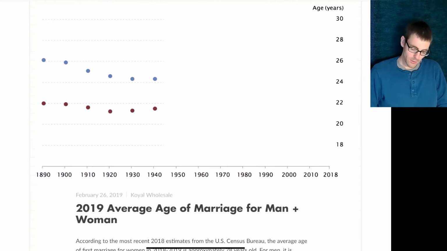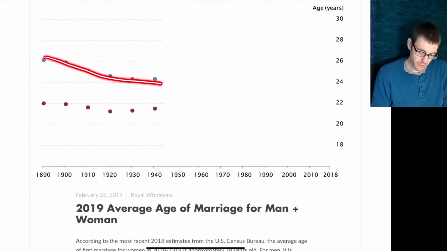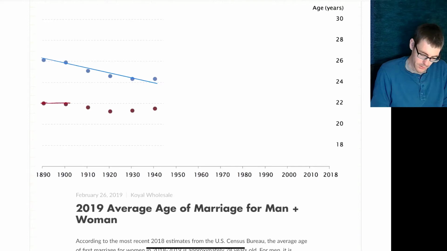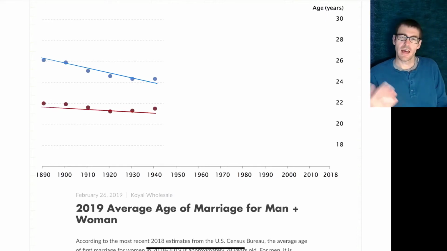And we can see, looking at this graph, that, well, I'm not actually going to plot it, but if we were to calculate the linear model, if we were to find the least squares regression line for, let's say, the men and the women separately, we might see that it has, well, generally a downward trend.